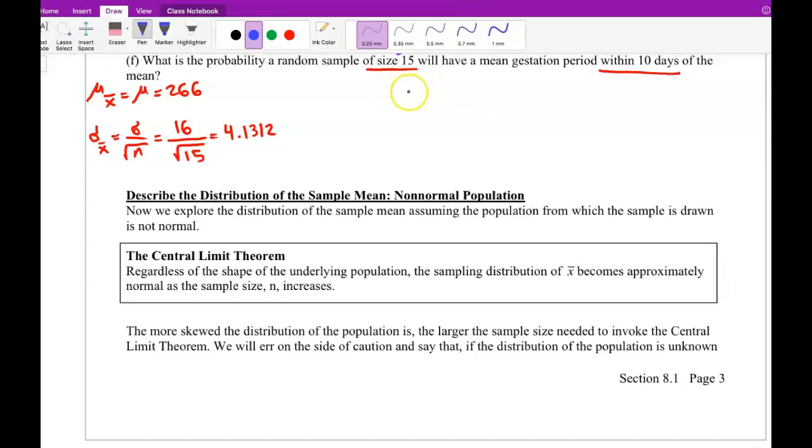Now we need to find the probability, the probability when x bar is between.